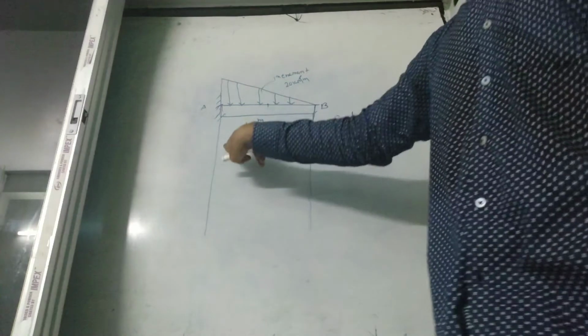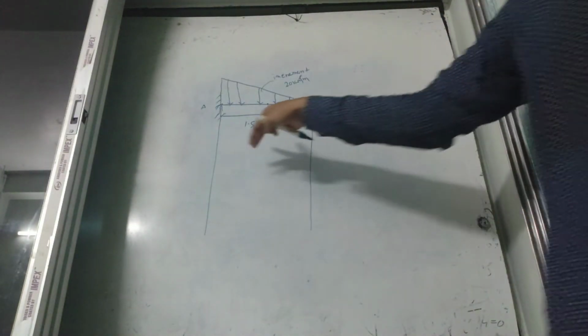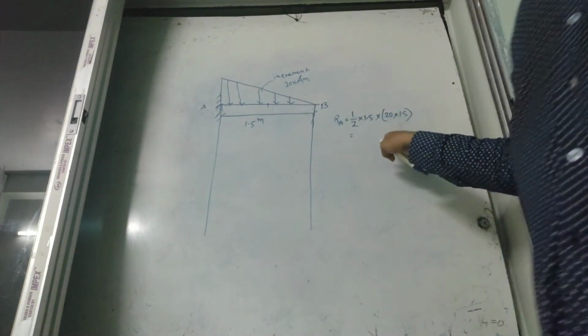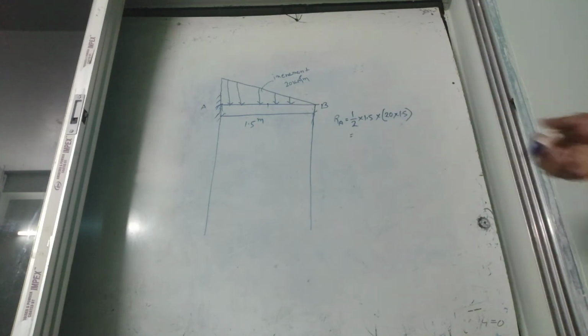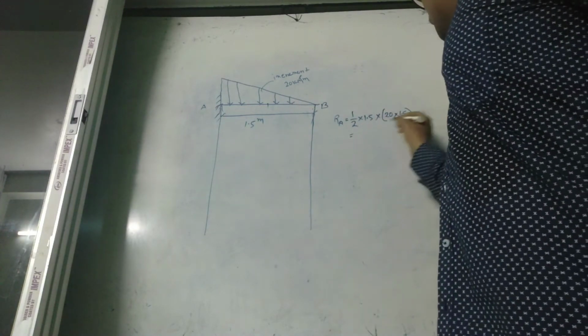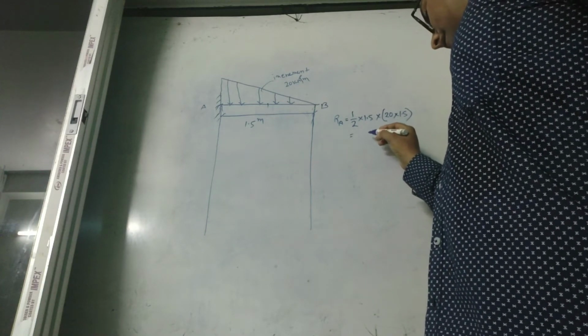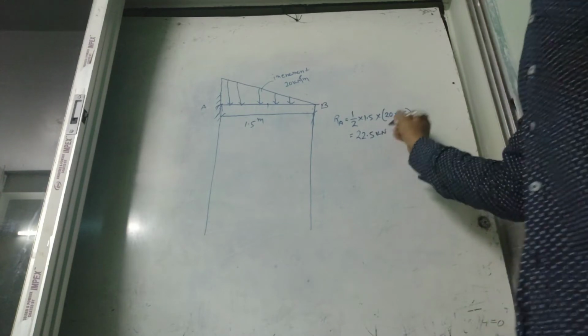If 1 meter is given, then we know that it is 20. If a number more than 1 is given, then we need to multiply it with the increment force. So what is the answer? 1 by 2, 1.5 into 20 into 1.5. Our answer is 22.5 maybe. You will check on the calculator.